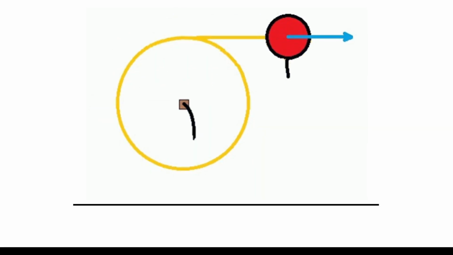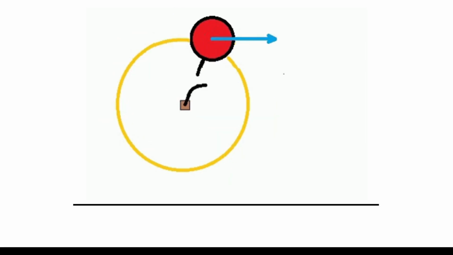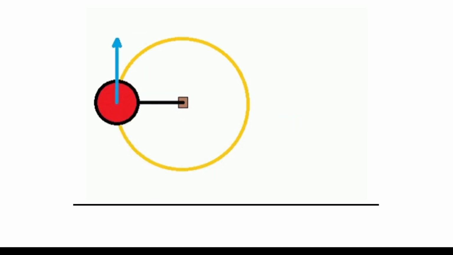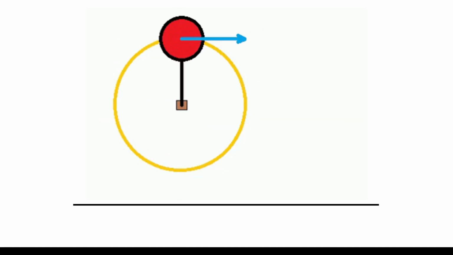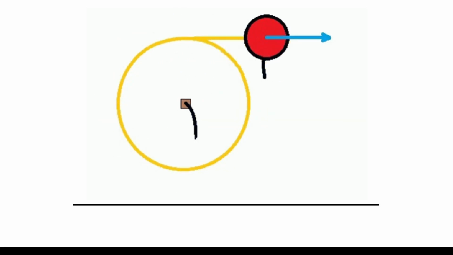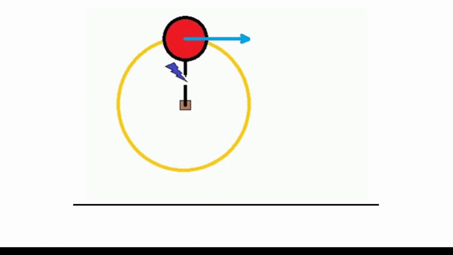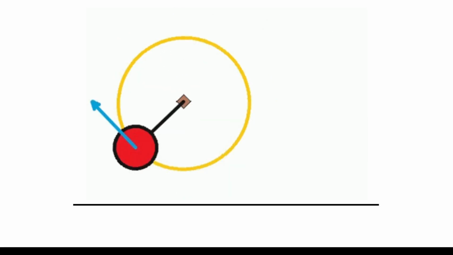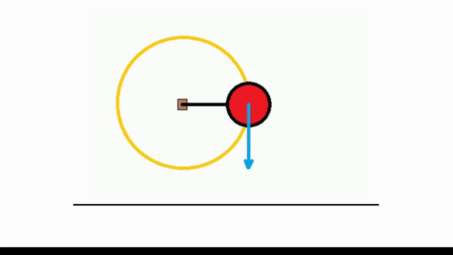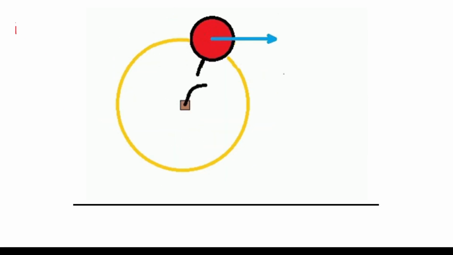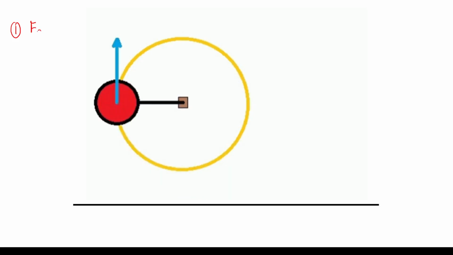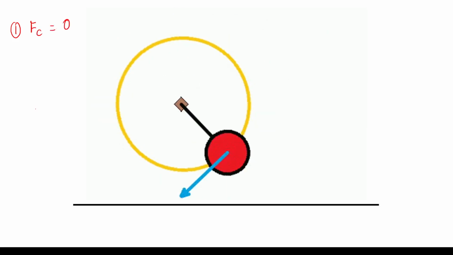The blue arrow shows the velocity, and the black string is tied to it. As long as the string was tied, it was executing a circular motion. The minute the string goes away, when the string breaks, what's gone? So when the string breaks, the centripetal force becomes 0.